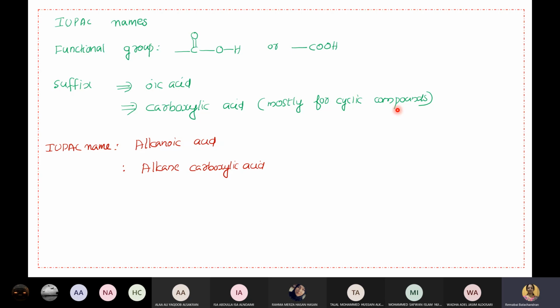It's not really only for cyclic compounds, but that kind of question will not be asked for you. So for you, we just use carboxylic acid for cyclic compounds. Other compounds we write oic acid, alkanoic acid. There is no gap in between. Between here you can leave space, but here you should not leave space. It's a mistake. It's alkane carboxylic acid.